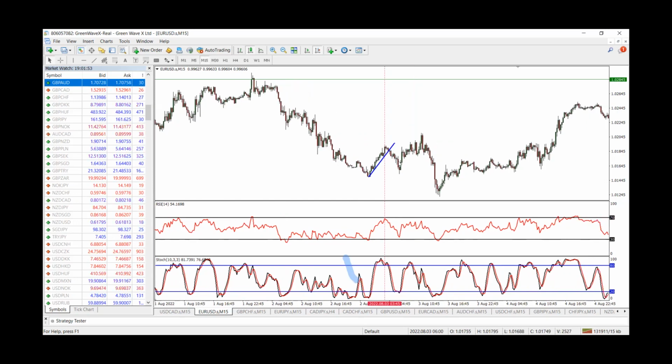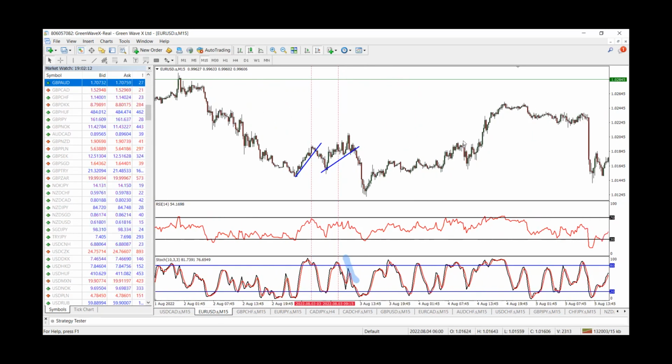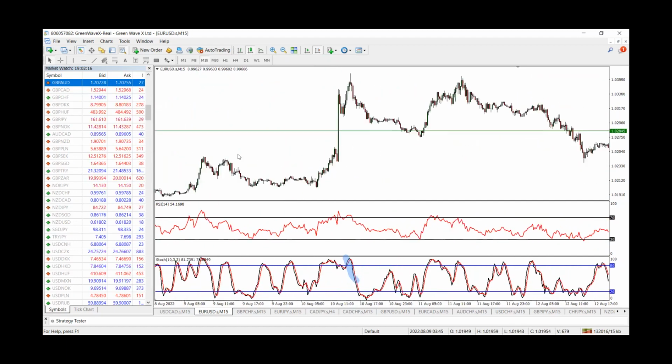It didn't really move that much, but price moved. The next one was here. Then I just plot my trend line. Price broke downward. Good profit there. But later it turns upward. We have bullish trend, and so on and so forth.